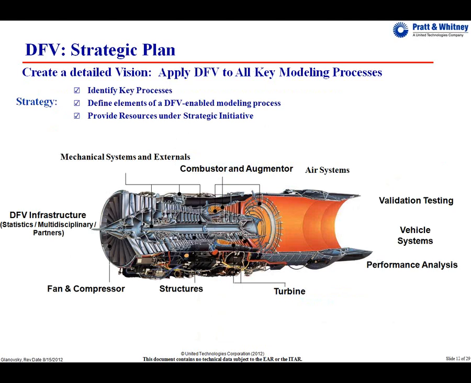A strategic plan. That was another thing that we definitely had to have. And this wasn't so much for our own success as it was for getting people behind us, especially management. They're not keen on wasting money, and they wanted us to prove to them that we weren't going to. So we took a look at all the different areas of engineering in the engine. We've got mechanical systems and externals.